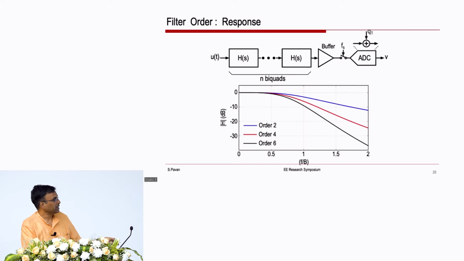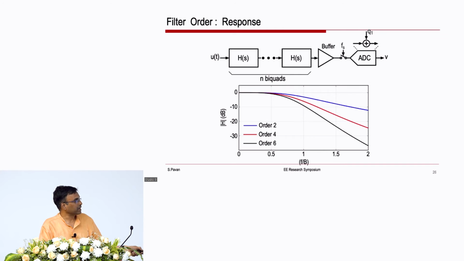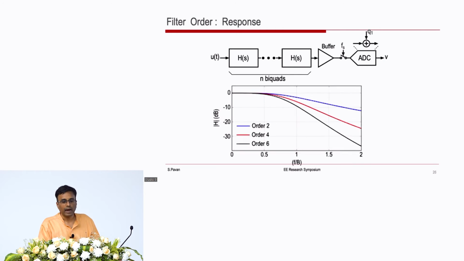As you keep increasing the order, from 1 to 2 to 3 biquads, as expected, you can see that the frequency response dives down at a much more rapid rate: 40 dB per decade, 80 dB per decade, 120 dB per decade.